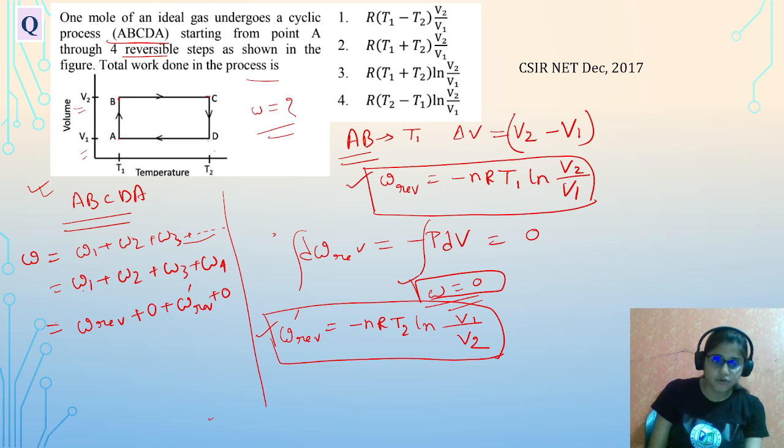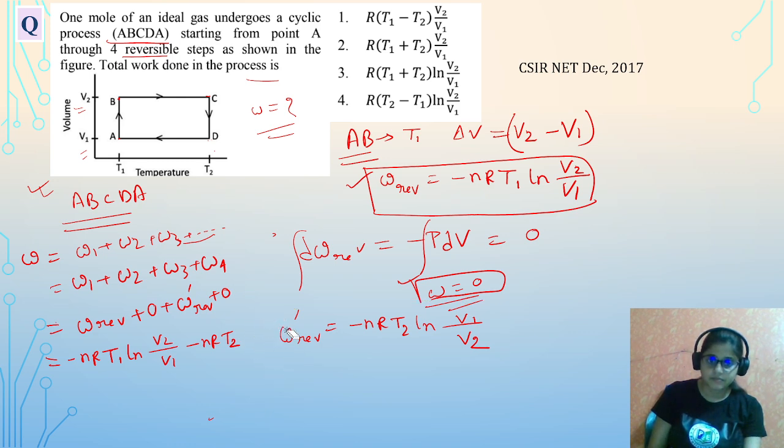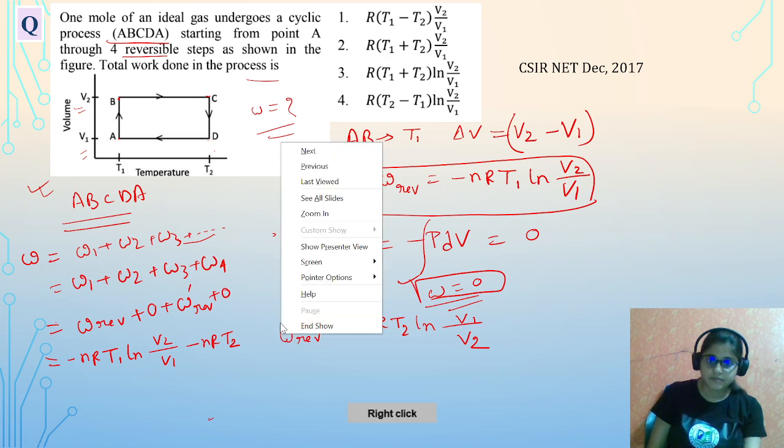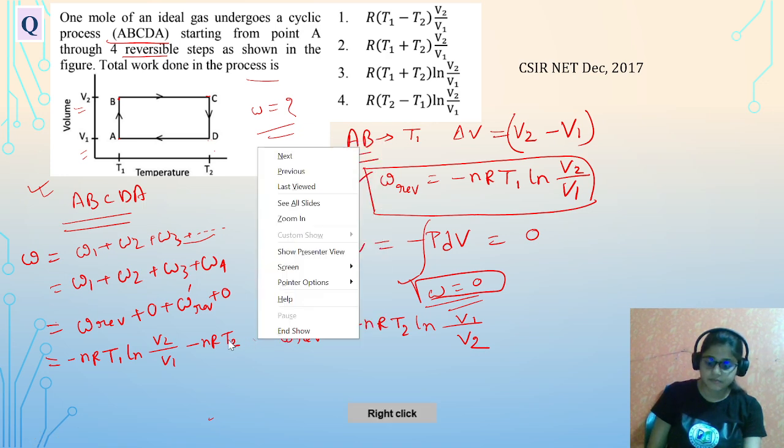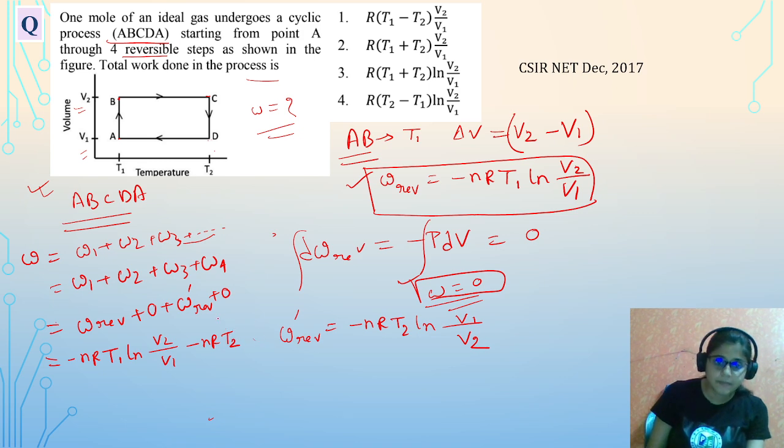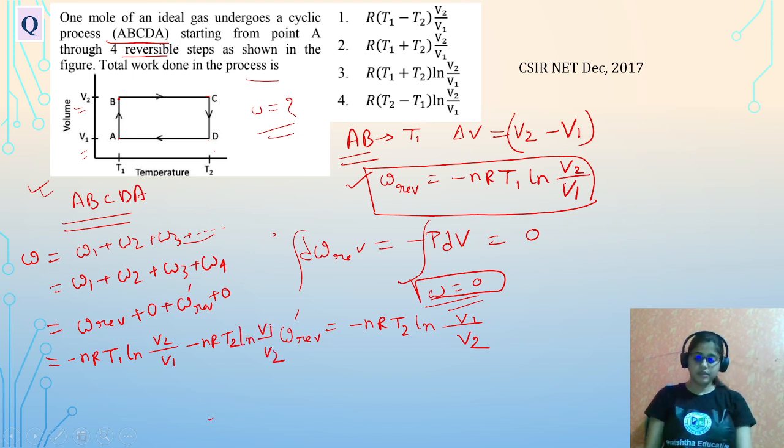Here I am writing equal to minus nRT1 ln V2 by V1 minus nRT2 ln V1 by V2. So we have put both these two values.